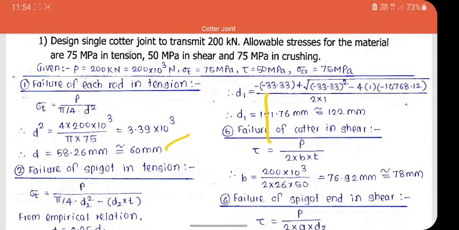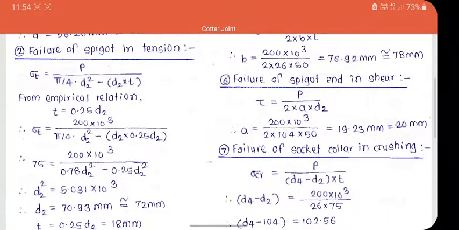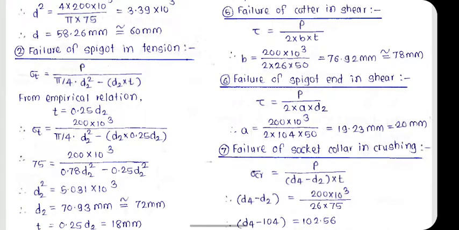Next is failure of spigot in tension. So for second stage, here the equation is sigma T is equal to P upon pi by 4 d2 square minus into bracket d2 multiplied by T. So here d2 is nothing but the inside diameter of socket or diameter of spigot, and T is thickness of the quarter.